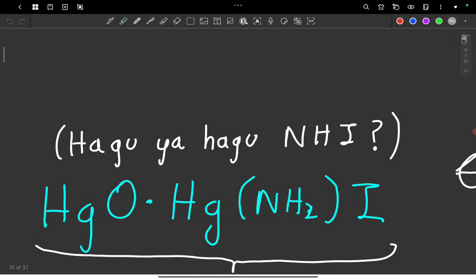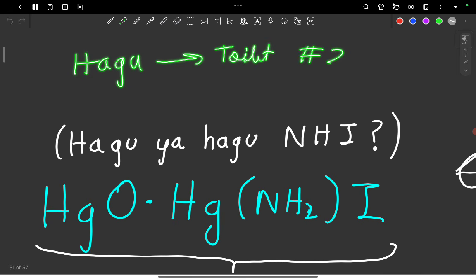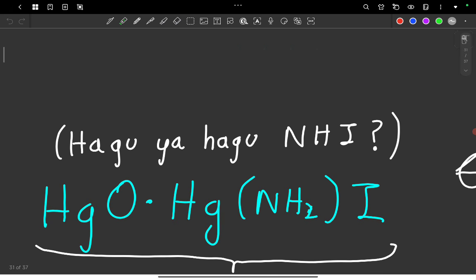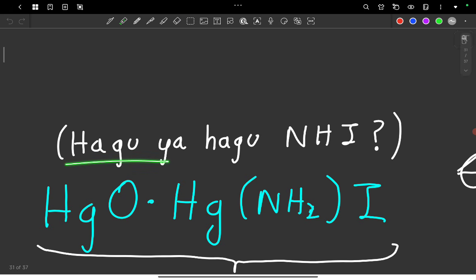But for the Hindi speakers there, I have created a trick which is hagu ya na hagu. For the non-Hindi speakers, hagu basically means going to the toilet, and number two. So the person is sitting on a toilet contemplating whether he wants to go to number two or does not want to. So hagu or nahi hagu.